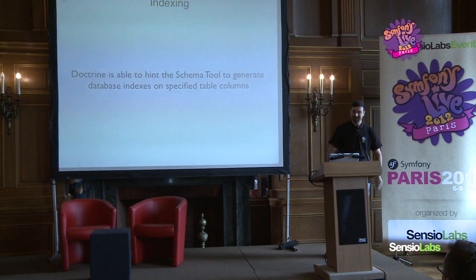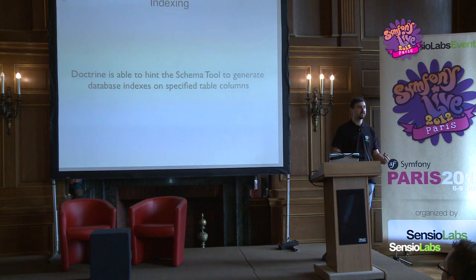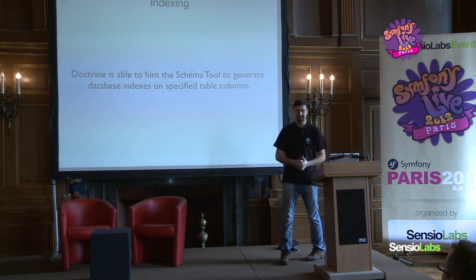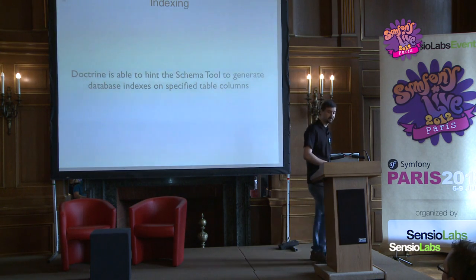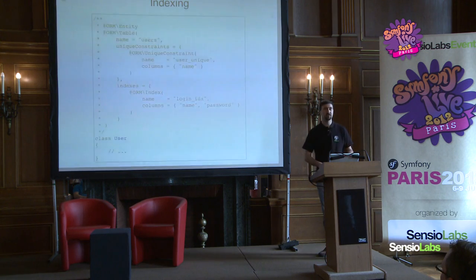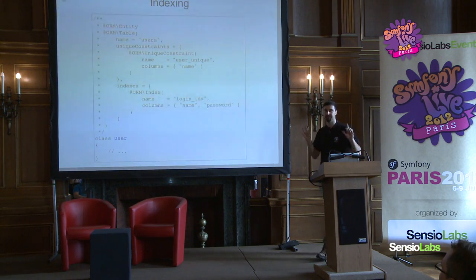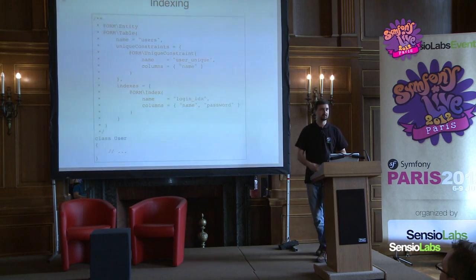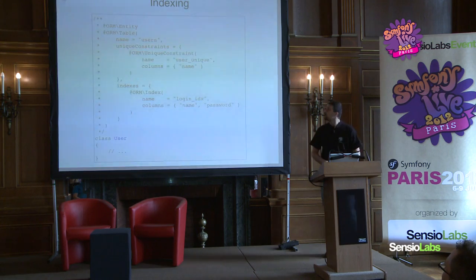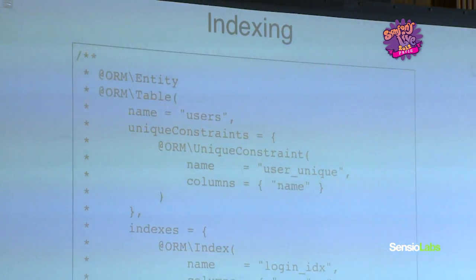Anyway, indexing. Indexing is an ability to hint to the schema tool that you want to generate database indexes for specific table columns. Yes, we have issues on this one. Yes, I'm working on patches for this one because my environment is very huge and I need to rely on indexes a lot. But let's go. We have unique constraints where you can define unique indexes.